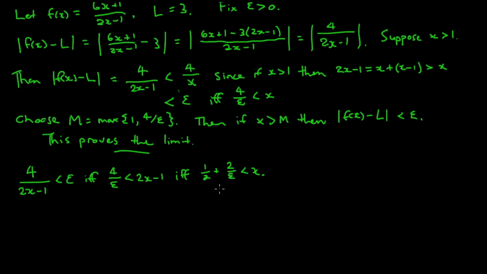So that gives us a lower bound for x, and we choose M equal to the max of 1 and our new value, which is a half plus 2 over epsilon, and then we complete the answer as we did before.